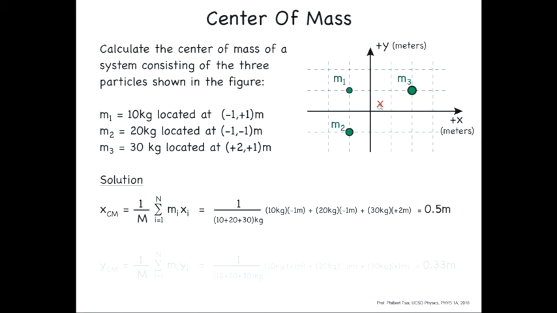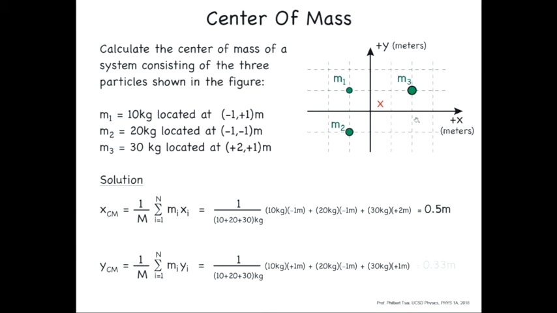Now we've got to find the y center of mass. Do the same thing. Total mass is the same, 10 plus 20 plus 30. Each individual mass, M1, again, 10 kilograms, this time is at +1 in y. The 20 kilogram mass, M2, is at -1 in y, so it's down here at -1.